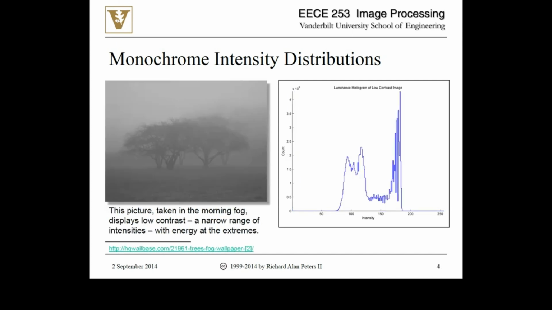Okay, what about this one? Well, it is much brighter than before, so we should see counts moving to the brighter part, and that is what's happening. And actually, we see here in the histogram two different regions.